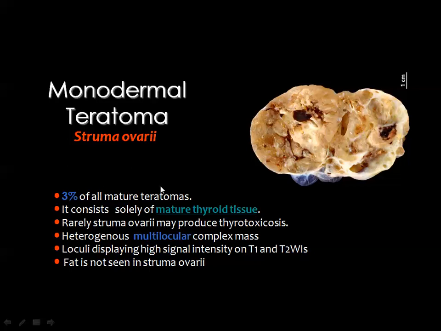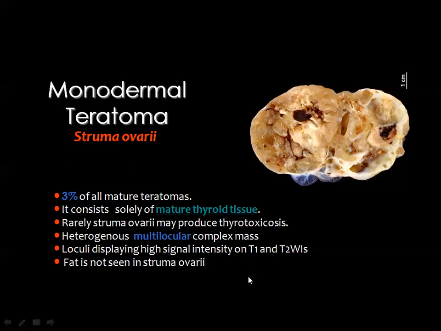Now we are dealing with one of the rare lesions in the ovary, which is the monodermal teratoma, known as the stroma ovarii, which is made of only mature thyroid tissue. And these lesions represent about 3% of all mature teratomas of the ovary, and they are usually multilocular, and locules may contain fluid which is of high signal in T1 and T2 due to its colloid content.